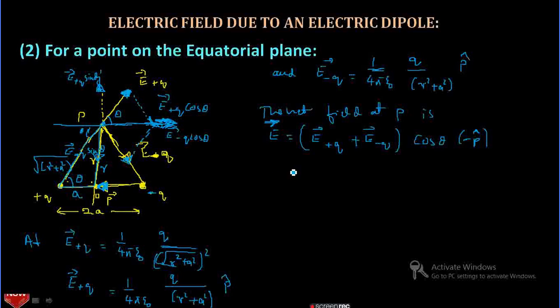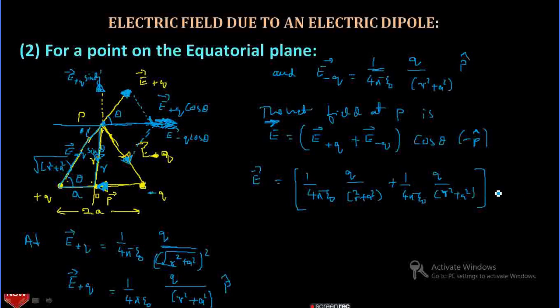So now substitute E plus Q and E minus Q. E vector is equal to E plus Q plus E minus Q, and the magnitudes are the same. That is 1 by 4 pi epsilon naught Q divided by R square plus A square, plus 1 by 4 pi epsilon naught Q by R square plus A square, into cos theta into minus P cap.